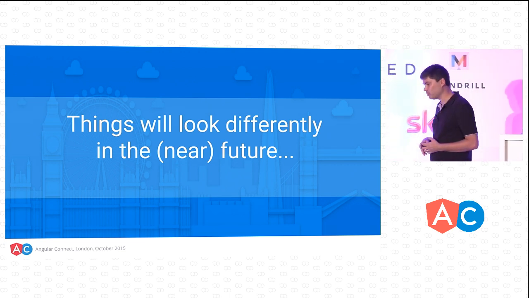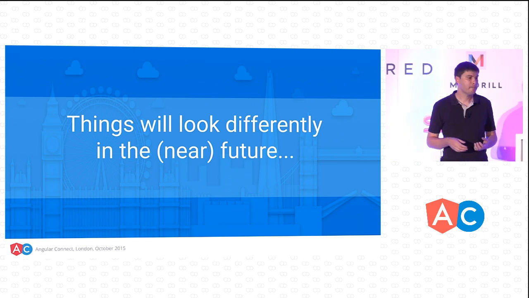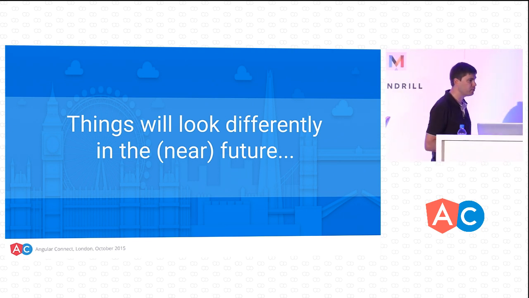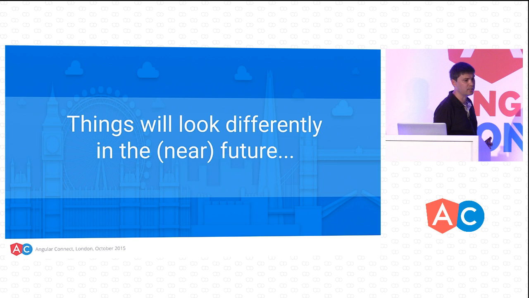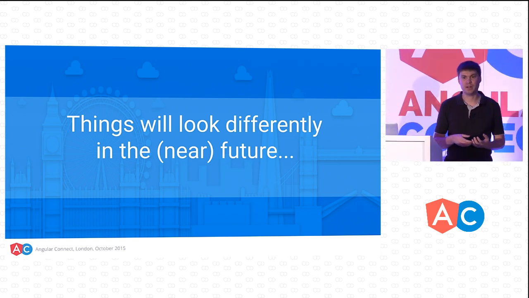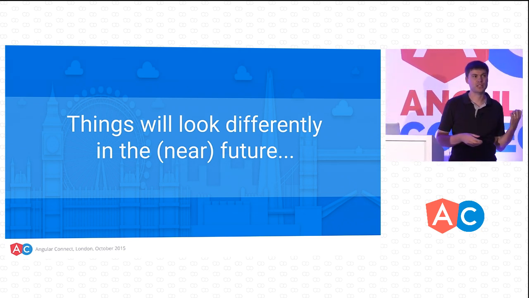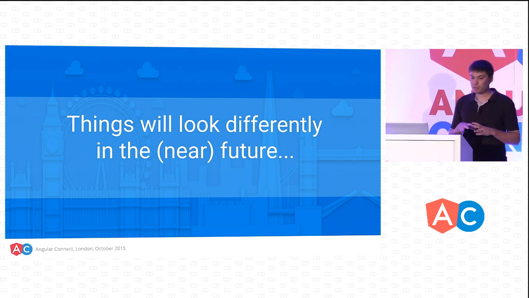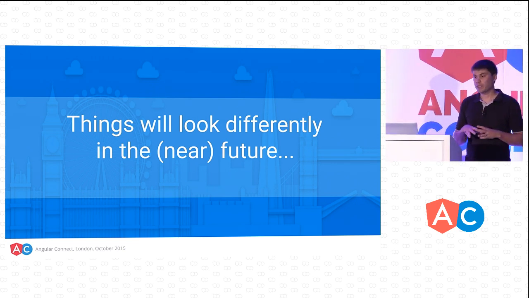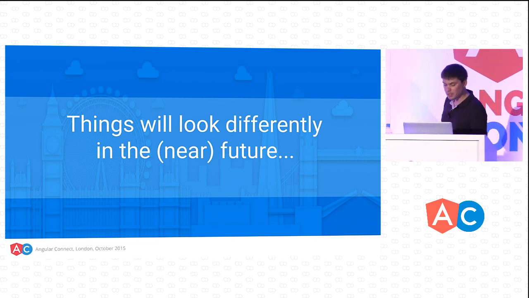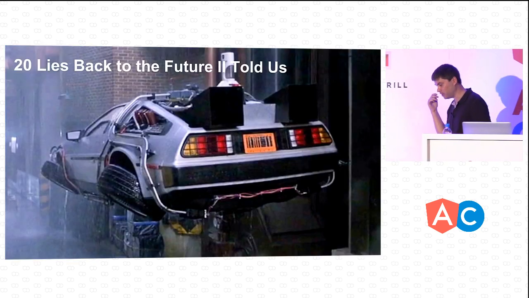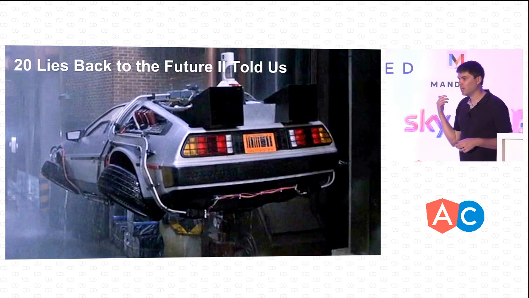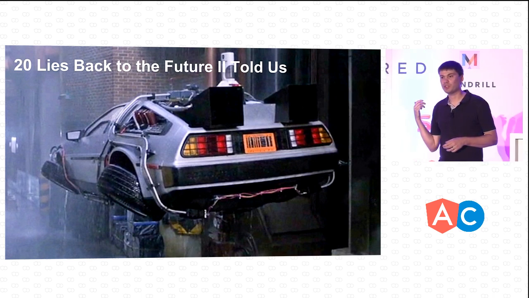Now, this is how things look today, but this is a problem space which is quite new. The ES6 modules specification was finished just this year. And this is also a space where there's a lot of movement. As we know from the Back to the Future movie, those guys were pretty bad at predicting the future.